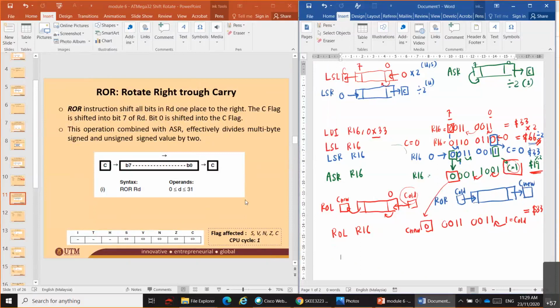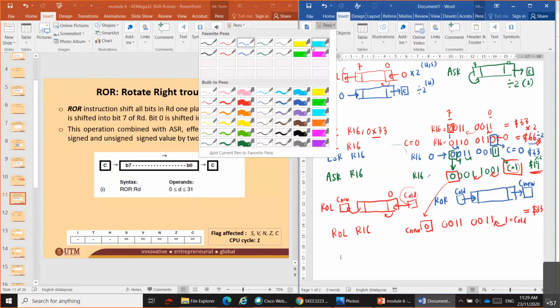This operation, when combined with ASR, effectively divides multi-byte signed and unsigned values by 2. It means that if you have a 16-bit or 24-bit number, you need to combine them by using the ROR if you're going to divide that number by 2.